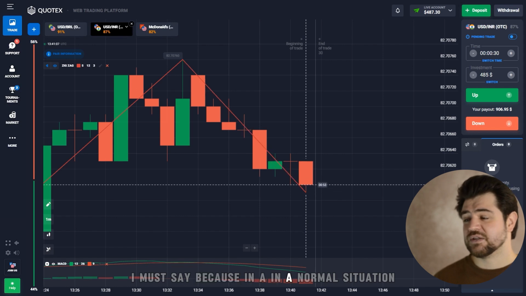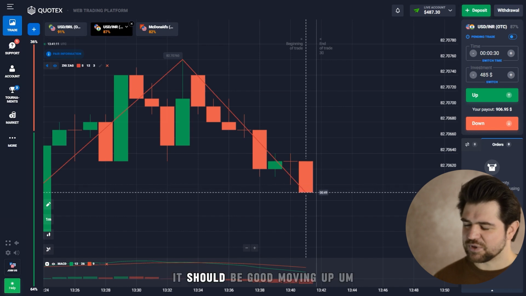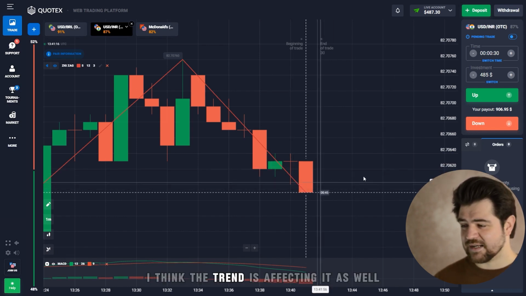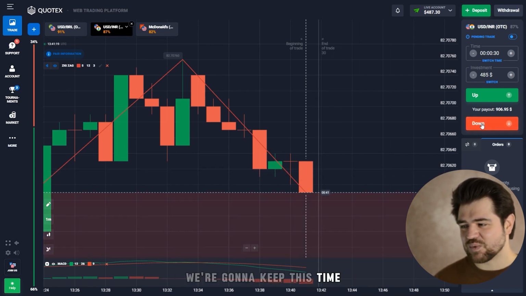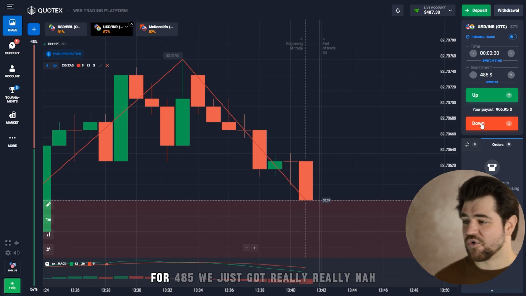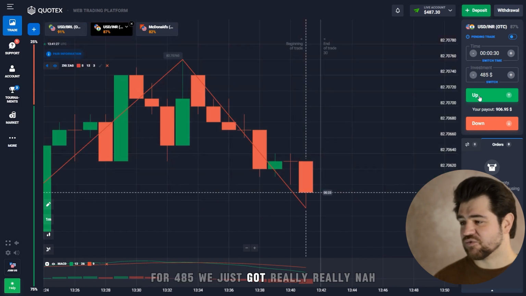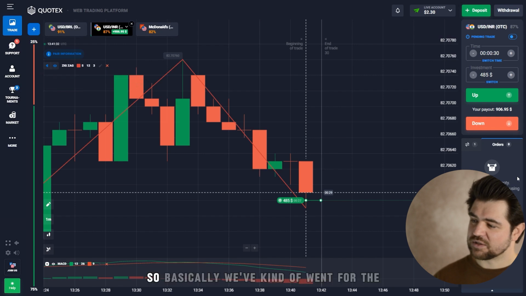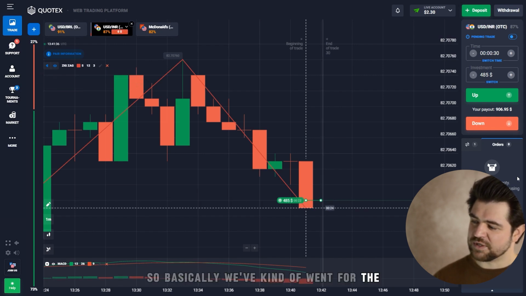Because in a normal situation, although we have a pin bar there, look, it should be good moving up. I think the trend is affecting it as well. MACD is looking down. We're gonna go with the trend for 485.